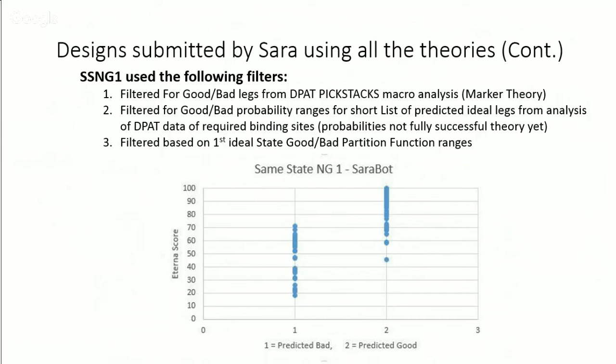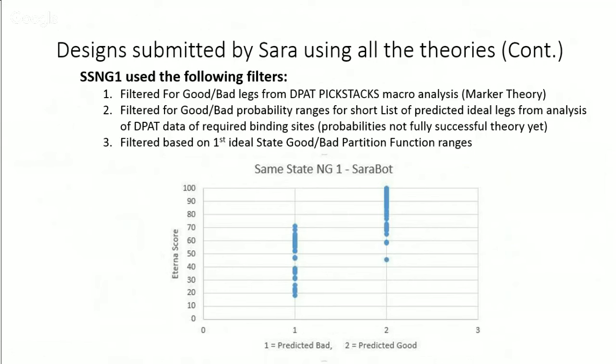As I said, I think there is potential in the probabilities. There's just some weirdness I don't fully understand, and the data just didn't look very great, so I didn't present it. I don't think I'm ready to fully present the probability data yet, but it was included in these submissions, so I thought I would include it.